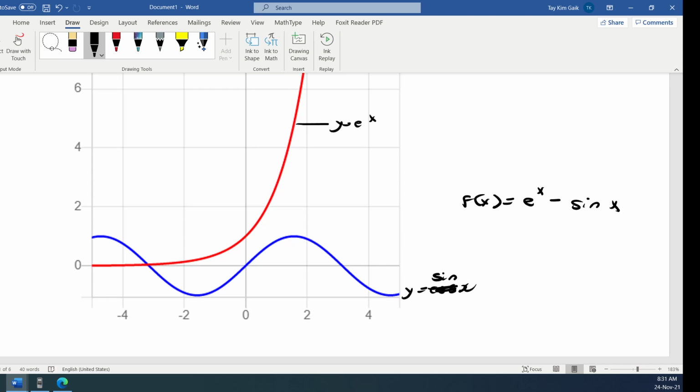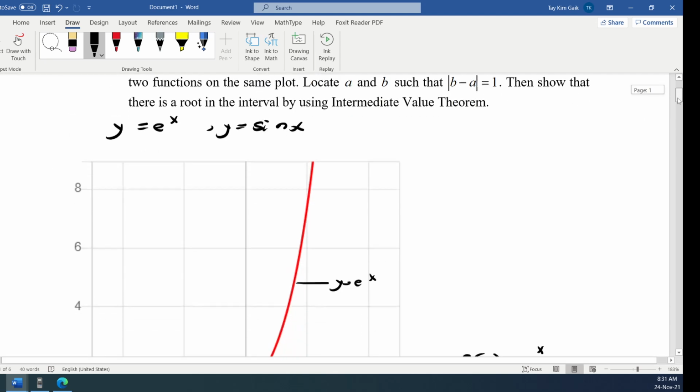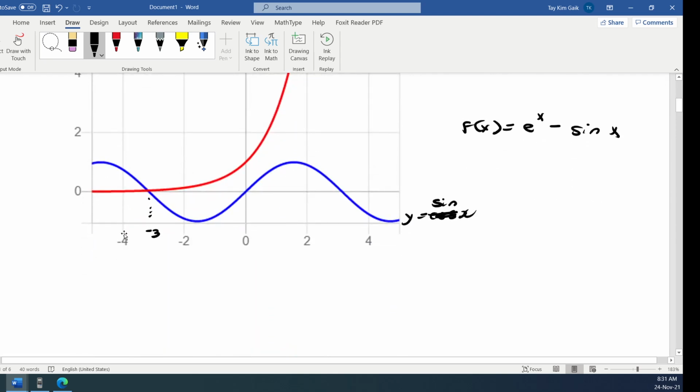So you see it is actually in between -4 and -2. Let's say we assume it is -3. The question wants you to use the intermediate value theorem to prove there is a root in the interval that you choose. Let's say we choose -4 to -3, then you have to prove it using the intermediate value theorem as required by the question.